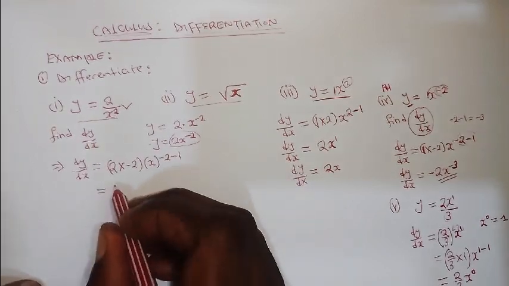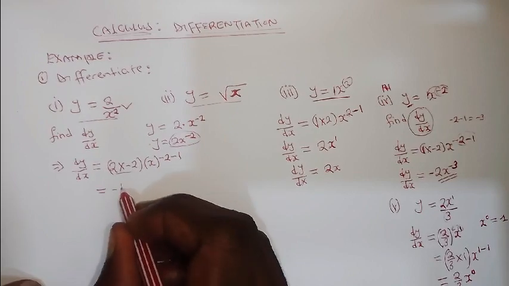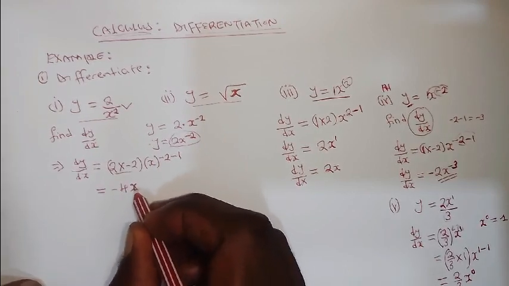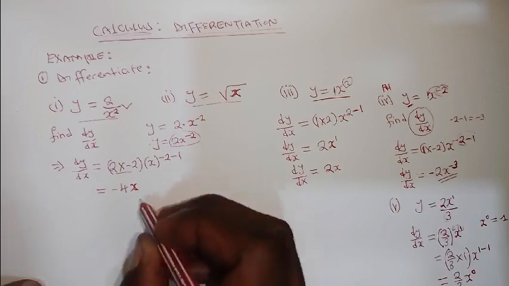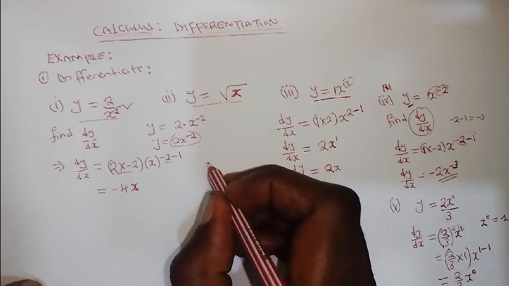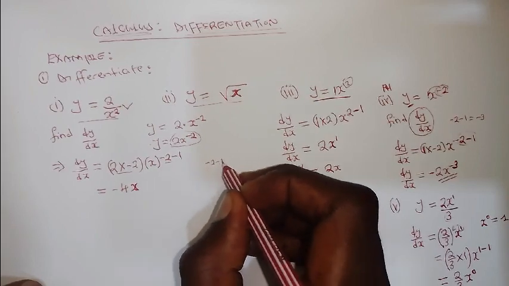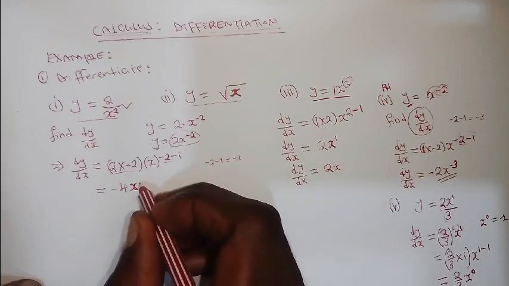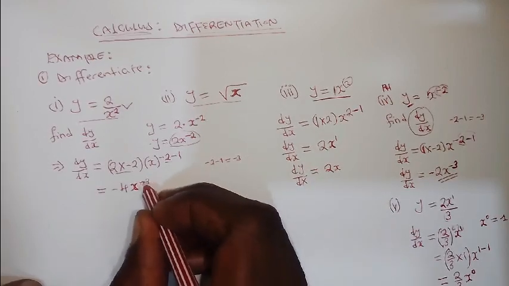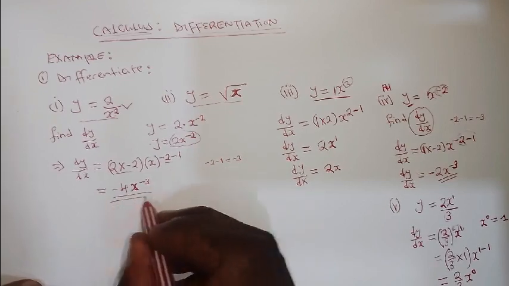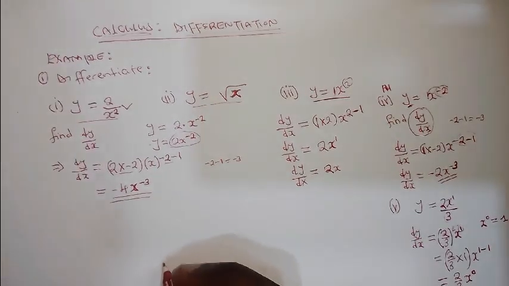This will be just 4x, and this is going to be negative 2 minus 1 to give us negative 3. So this is going to be negative 3. So that's how you answer that one.